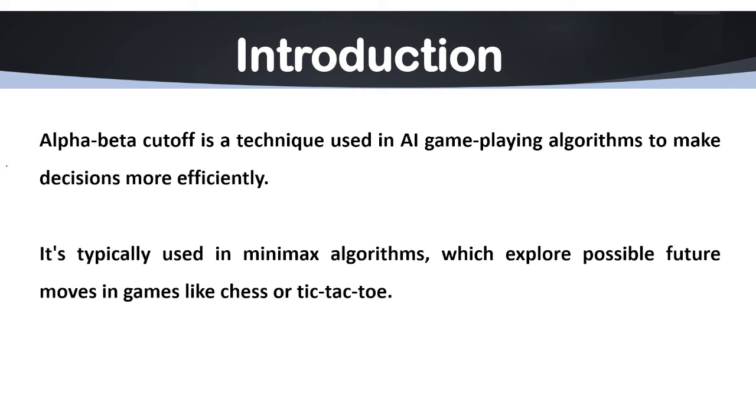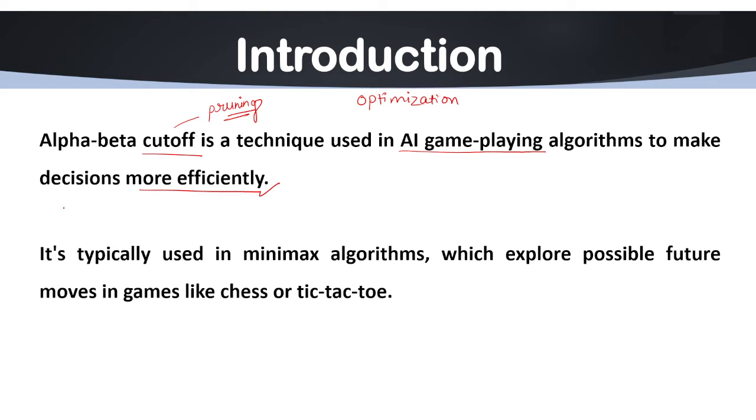So students, alpha beta cutoff procedure is a technique that is used in AI game playing algorithms to make decisions more efficient. In simple terms, we can call alpha beta cutoff as alpha beta pruning. Alpha beta pruning is an optimization technique used in AI, particularly in game playing algorithms like min-max search algorithms that we have discussed earlier in previous sessions.